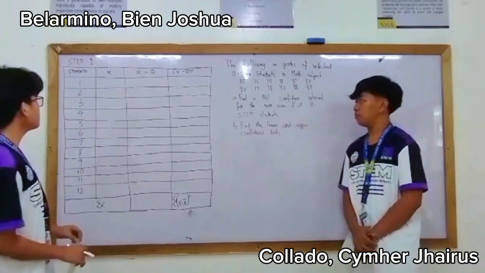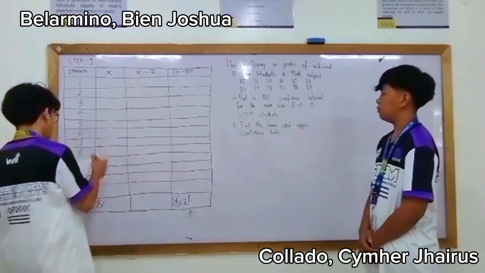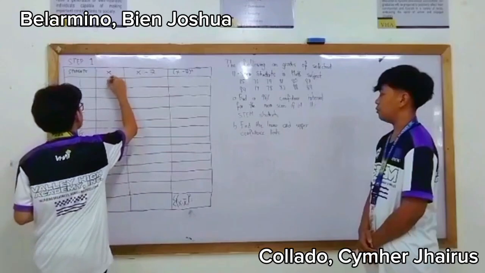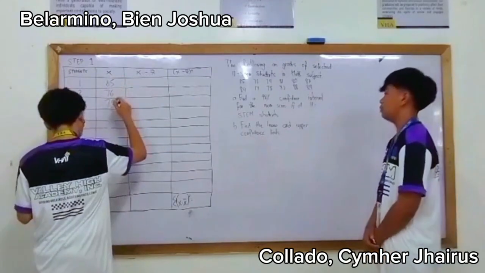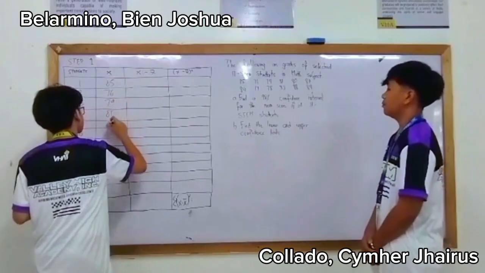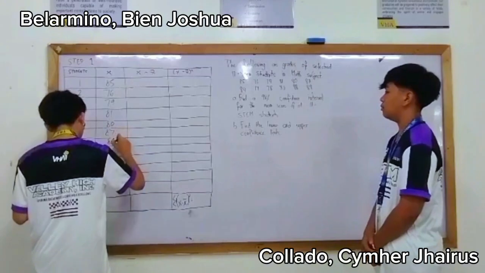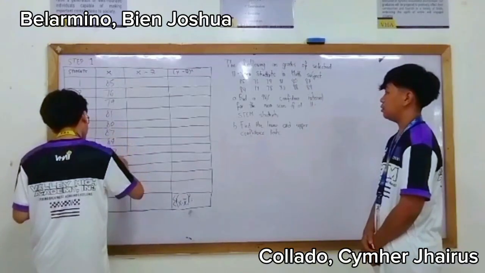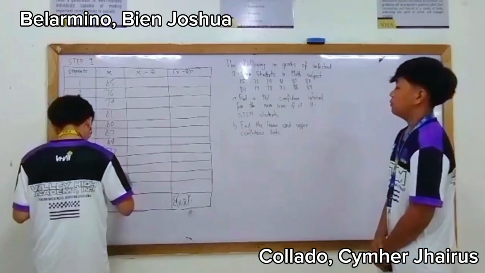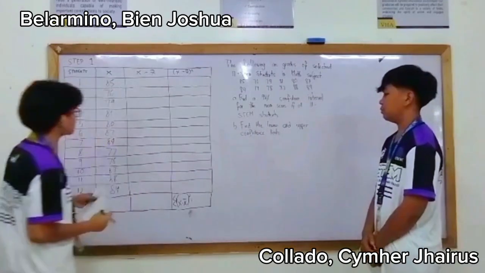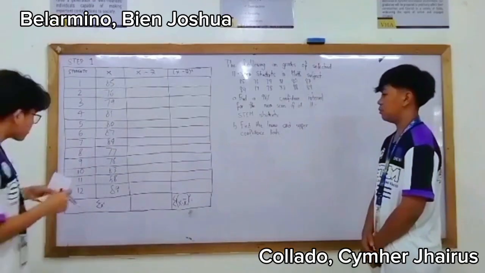For the second column, we have x, which is the given number of the problem, the grades of the students: 85, 76, 79, 81, 80, 87, 84, 77, 78, 83, 88, 89.